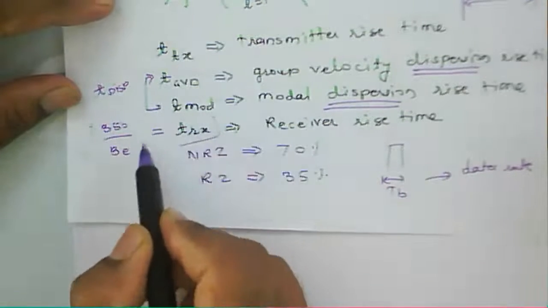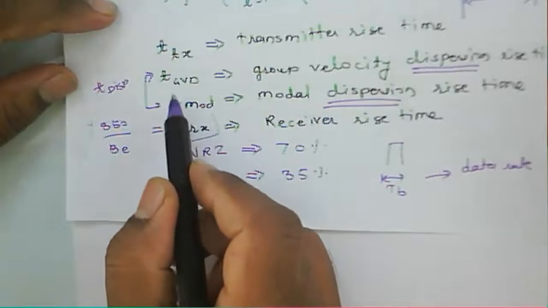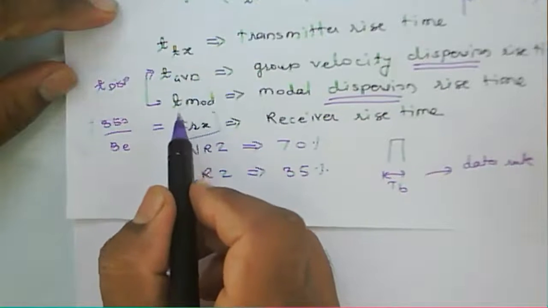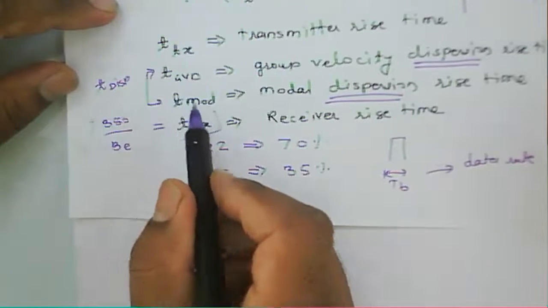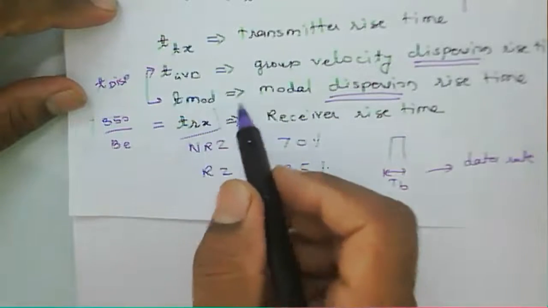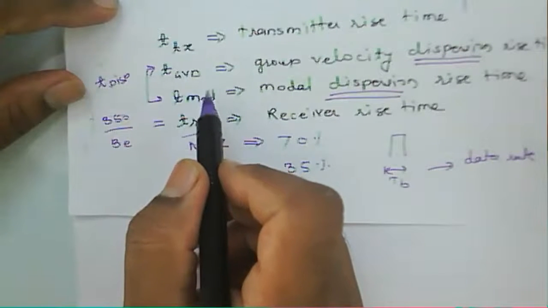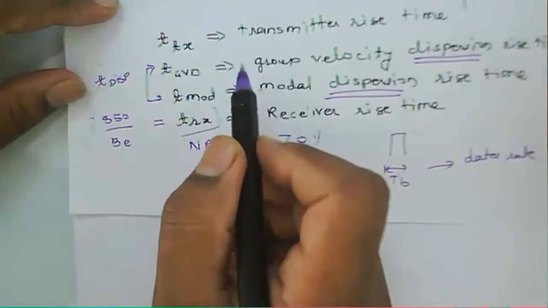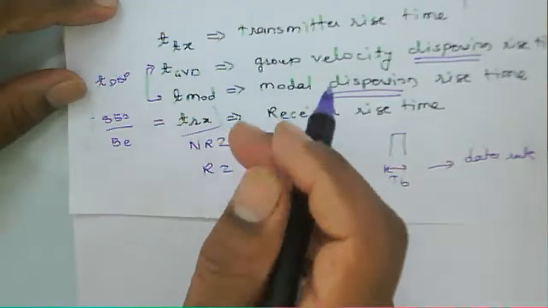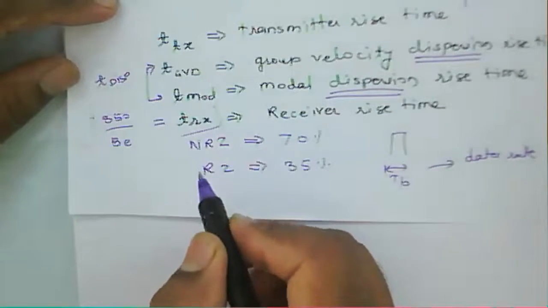Then another factor here that will be contributing to the rise time budget of your fiber optic link. That is the fiber rise time, the group velocity dispersion. The group velocity dispersion rise time depends upon the spectral width of the optical source.